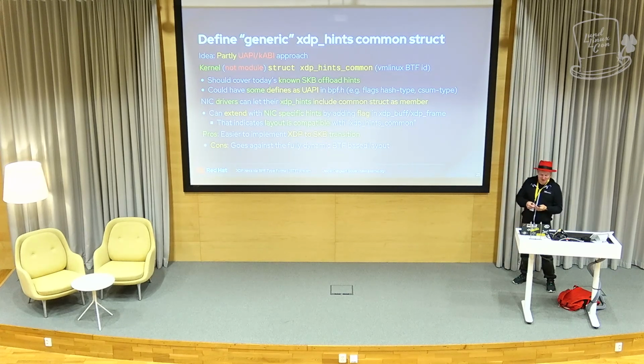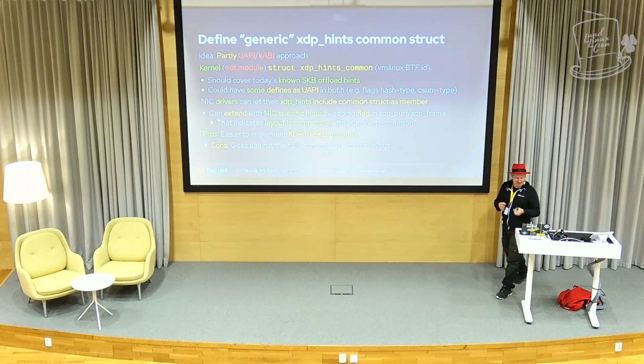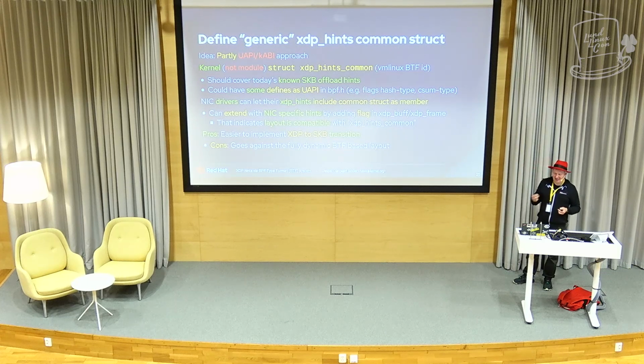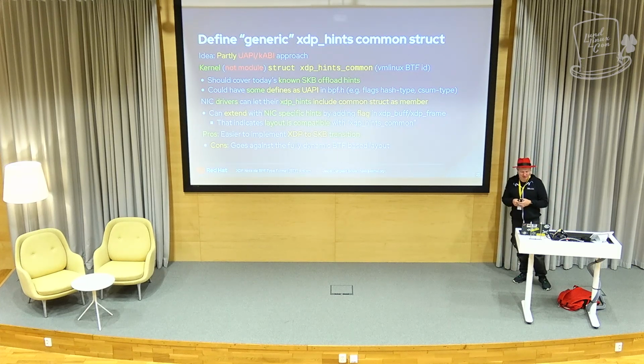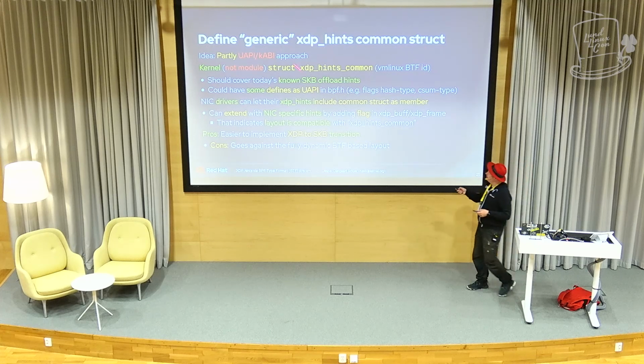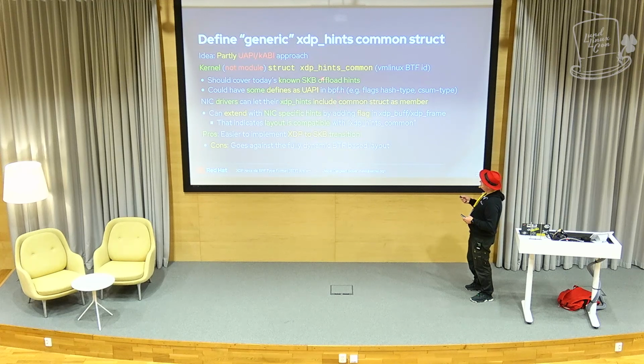Another compromise is that we could partly define some UAPI or KPI. In the kernel, in the vmlinux BTF world, we could define something called XDP-hints common. It would be exported via the BTF header file, which is UAPI, and we could also define some flags.